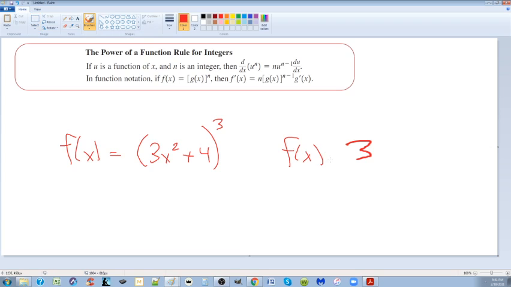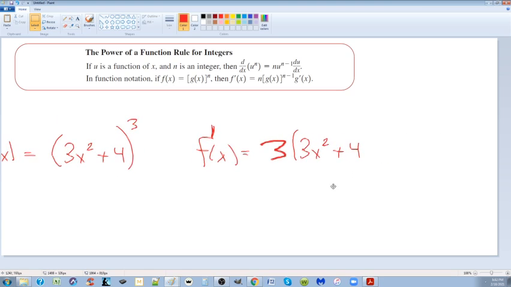And I'm going to multiply it times the function. And I'm going to lower the power by 1. So it's very much like the power rule, except I'm also going to multiply this whole thing by the derivative of the content of the bracket.